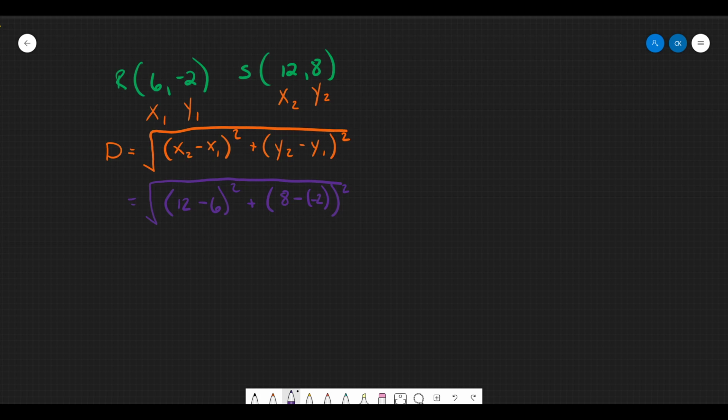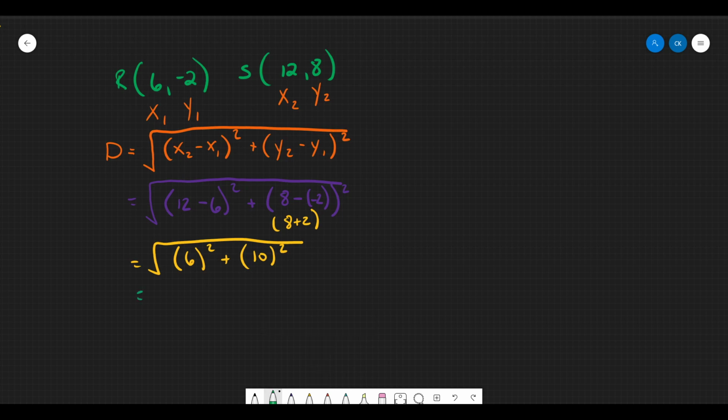So 12 minus 6, that's going to give me a 6. And then 8 minus -2, minus a negative becomes plus, so this is technically saying 8 plus 2, and 8 plus 2 is 10 squared.